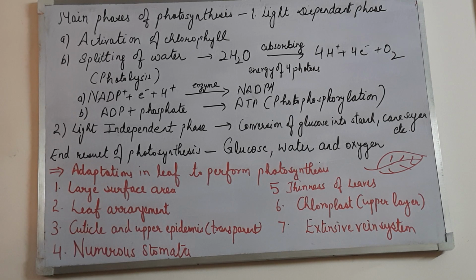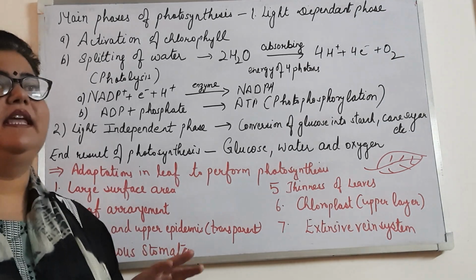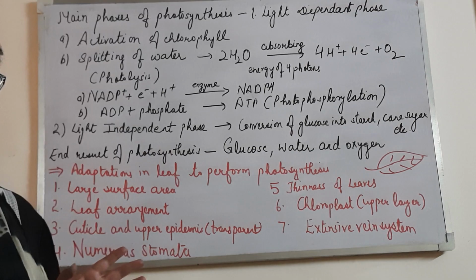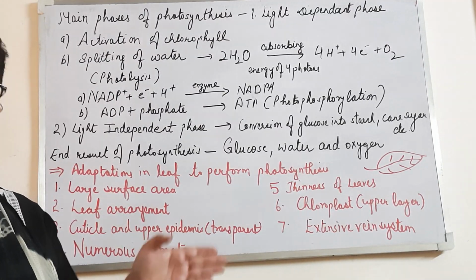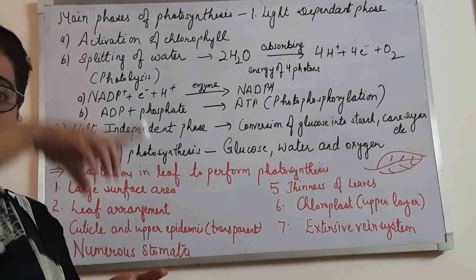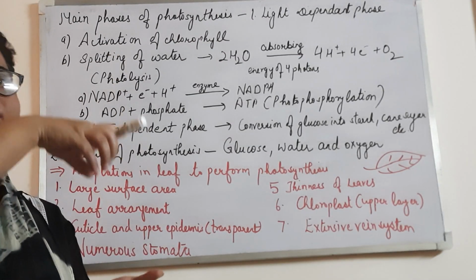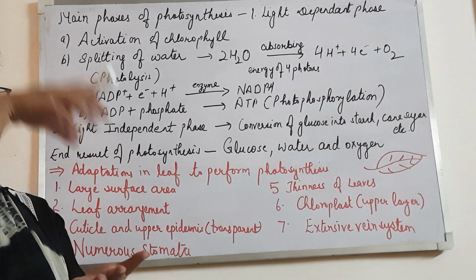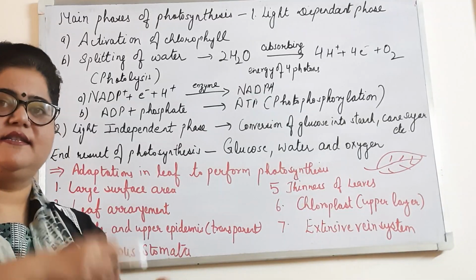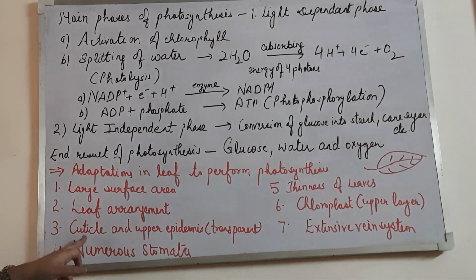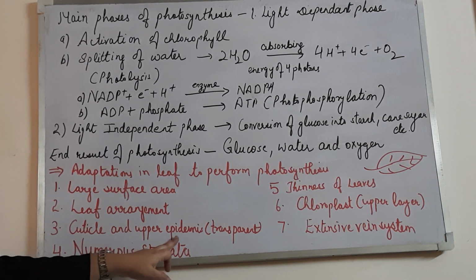Next is leaf arrangement. Most leaves are at a right angle to the light so that sunlight can fall directly on them and they can perform photosynthesis efficiently. Next is cuticle and upper epidermis.